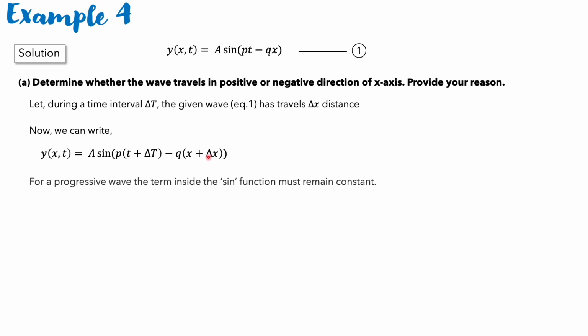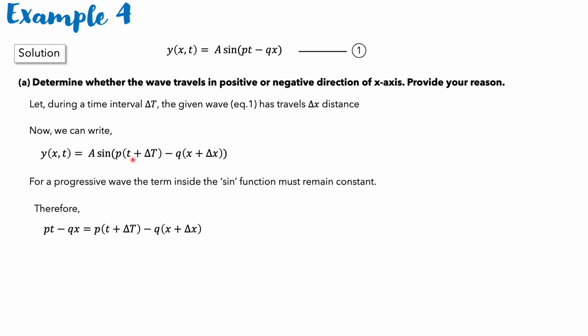Therefore we can write that this term, pt minus qx, before the movement started, and this term after delta t time has ended, are both equal. pt minus qx must be equal to this term, because during the movement the terms inside this sine function do not change, and also the amplitude does not change either.